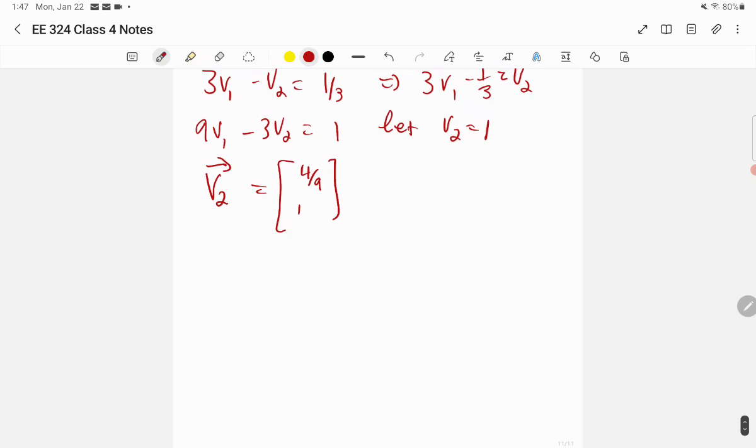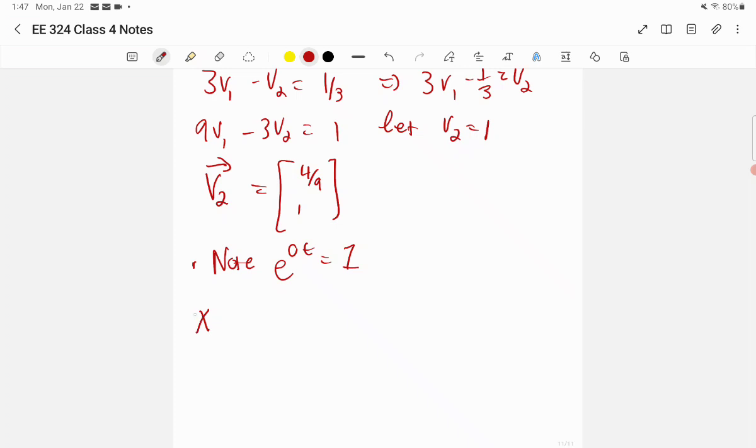Okay, so now the question is, what is the final solution? What we're going to note is that e to the 0t is equal to 1, because obviously our eigenvalue is 0.